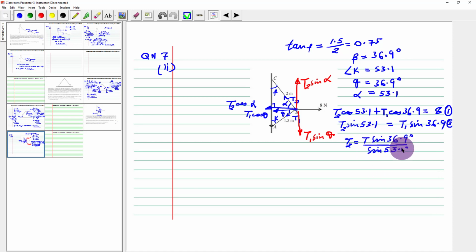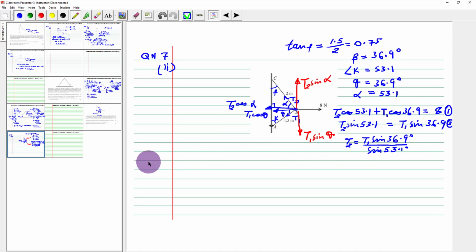And of course this is T1, I have a value for T2, so it is this value. I'm going to substitute this value for T2 here. It looks a little bit messy, but I think it's not. So for T2 I'm going to write the whole of this.